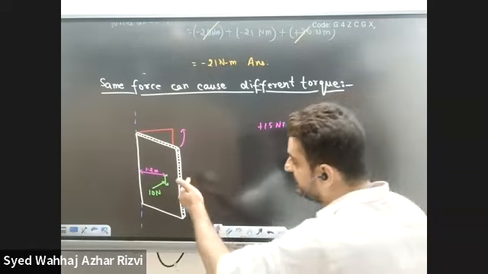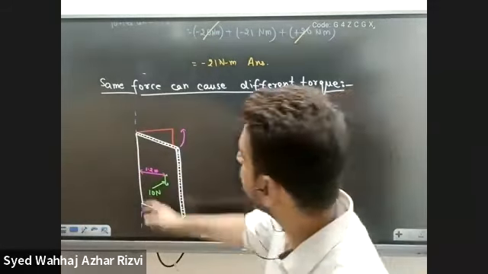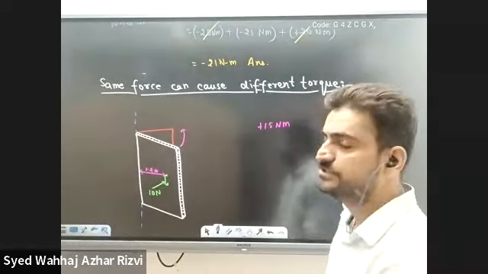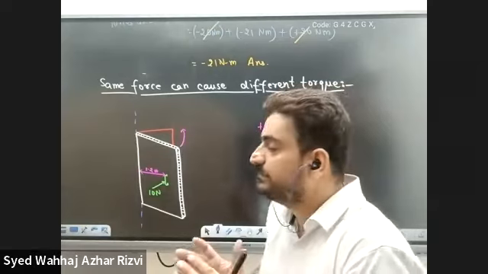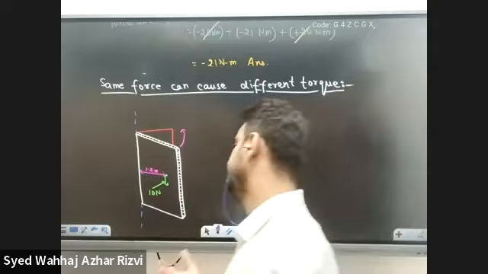If we keep moving towards the axis of rotation, this is called the axis of rotation, don't you think the turning effect would keep on decreasing? Yes, it will keep on decreasing, right?